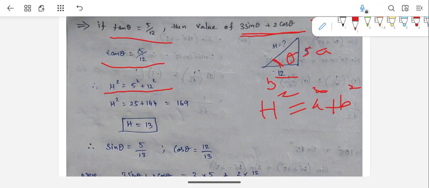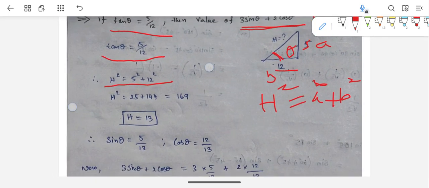Instead of writing adjacent side and perpendicular side each time, we are just keeping it simple: the square of the hypotenuse is equal to the sum of squares of the other two sides. That is the Pythagoras theorem. I hope everyone knows this.